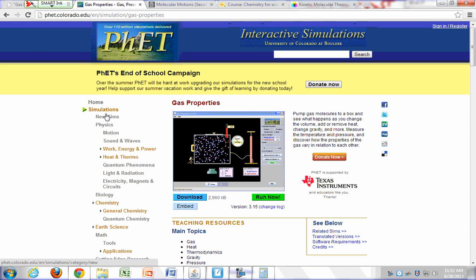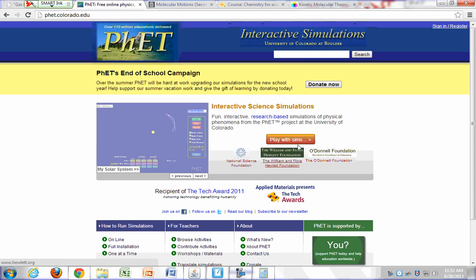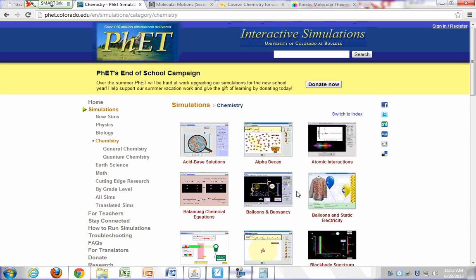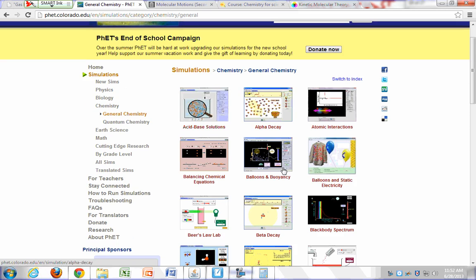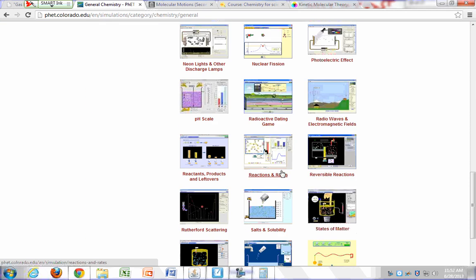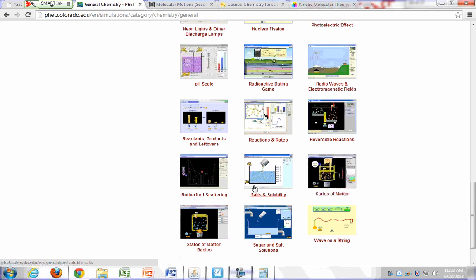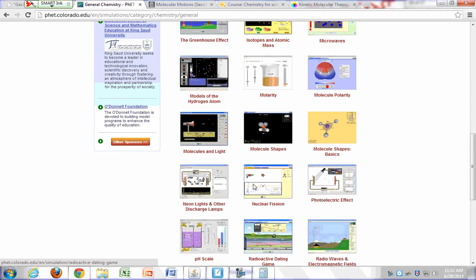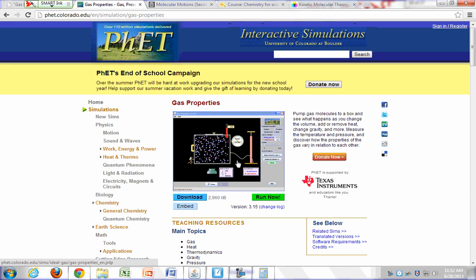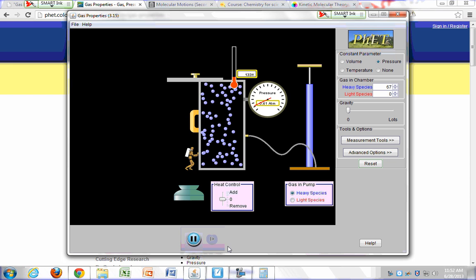If you go to the home page, play with sims, look under chemistry, and under chemistry, general chemistry, you'll find gas properties. Right here. If you run that simulation, I've already gotten that running here. This is what it looks like.